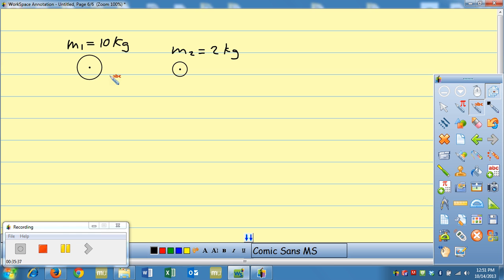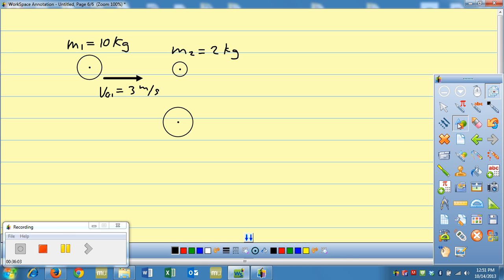And let's say that V01 equals 3 meters per second, and in the end we're going to end up with a situation where the two masses are stuck together.